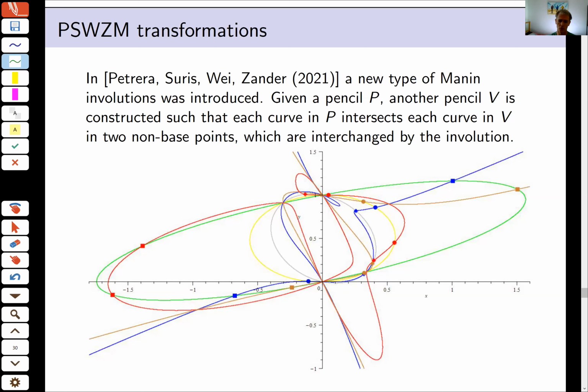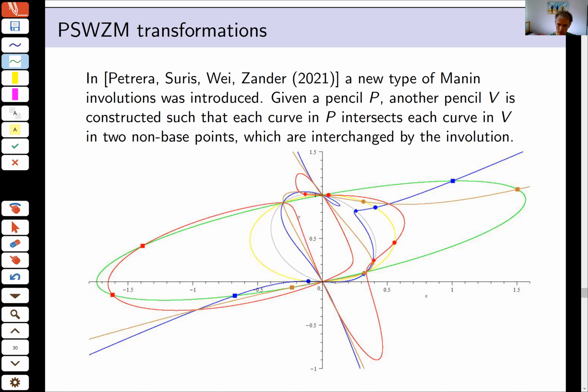So what I've drawn here is 3 curves of that quartic pencil that I had before, and these are given in red, blue, and gold. And I've drawn a pencil of quadratic curves, and some of them are here in green, yellow, and gray.